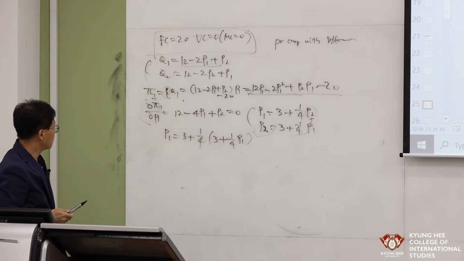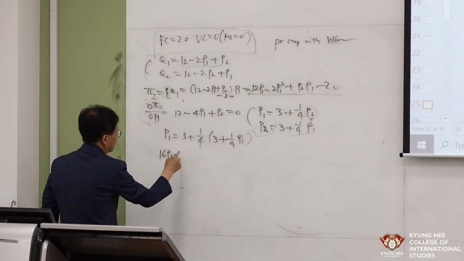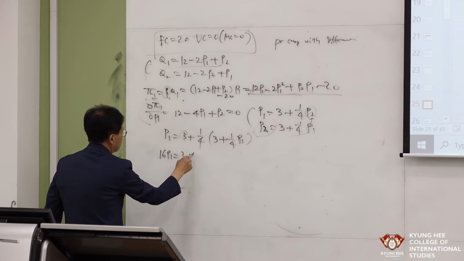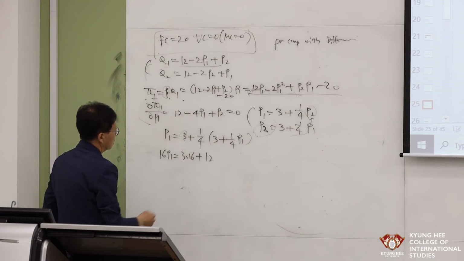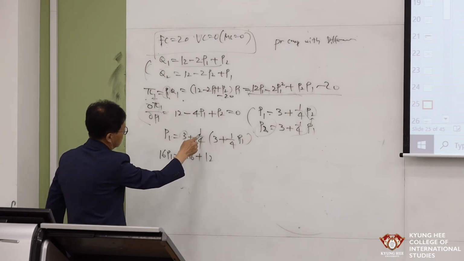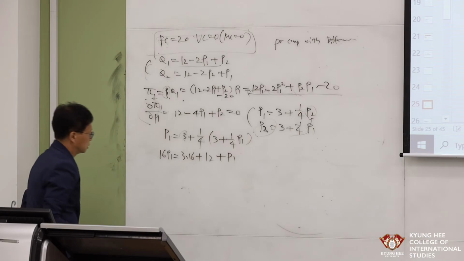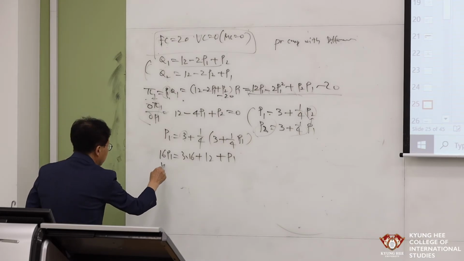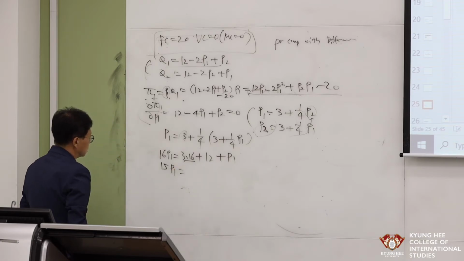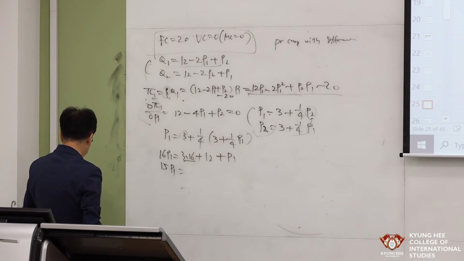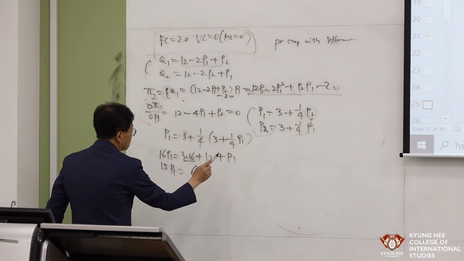For example, both sides multiplied by 16, then 16 P1 is equal to 3 multiplied by 16, and 12 plus P1 left. Okay? Then 15 P1 is equal to 48 plus 12, so that is 60, right?